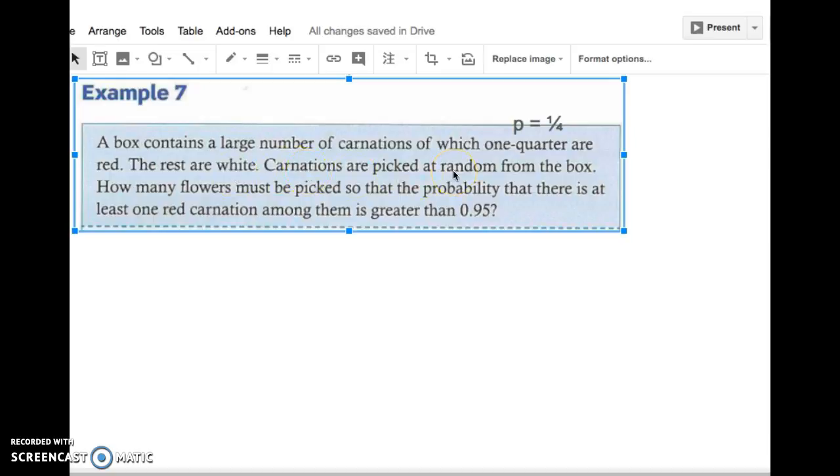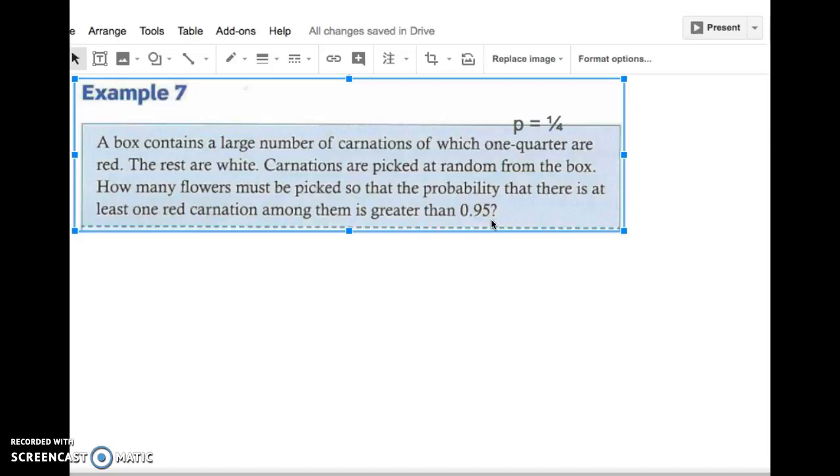And we're going to pick carnations at random from the box. They are asking us how many flowers we must pick so that the probability that there is at least one red is greater than 0.95. All right, so please pause and think about what the question is asking. Are they asking us to find P?